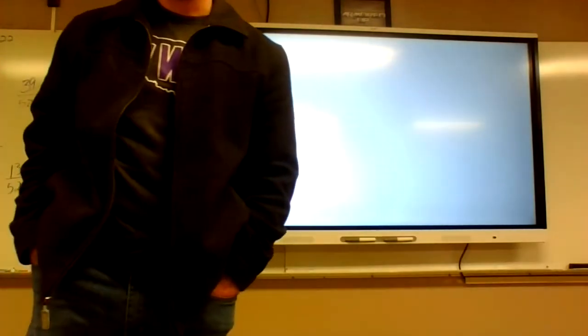Okay, do you guys see those triangles on the right over there? What is the similarity ratio between those two triangles? X over Y. Do you guys see how I got that?